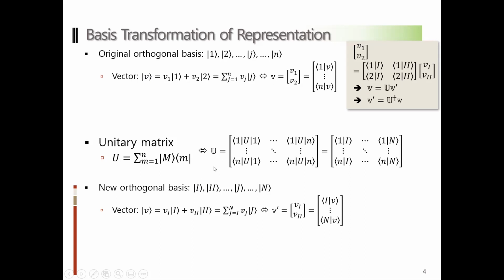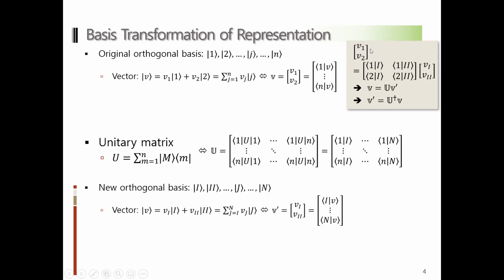If you replace this v with one of these, then they will just appear like an Arabic numeral inner producted with a Roman numeral, and they will just appear here. So the column vector representation of each of these orthogonal basis vectors appears as each column of this unitary matrix representation. Sorry that it is a little bit confusing, but that's the only thing I can say when I'm explaining this relation.